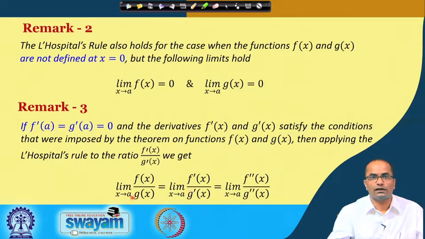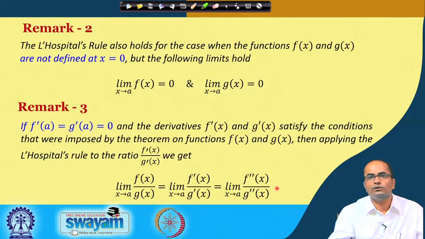So, this is again a more generalized form, that this limit of f over g can be evaluated by the limit of the ratio of f prime over g prime, but if these two, f prime and g prime, become 0 as x goes to a, then we can again apply the L'Hopital rule. So, the same limit will be equal to the limit of the second derivative of f divided by the second derivative of g as x goes to a.